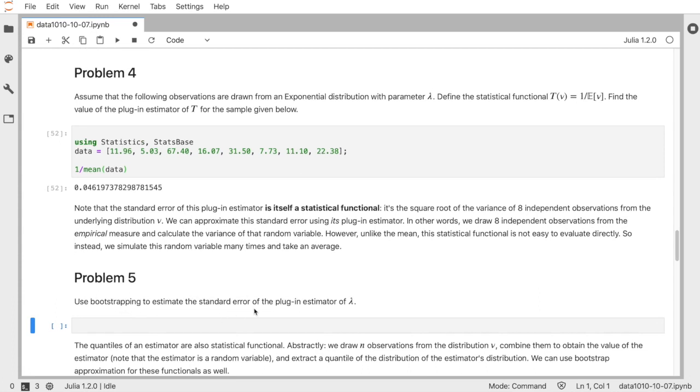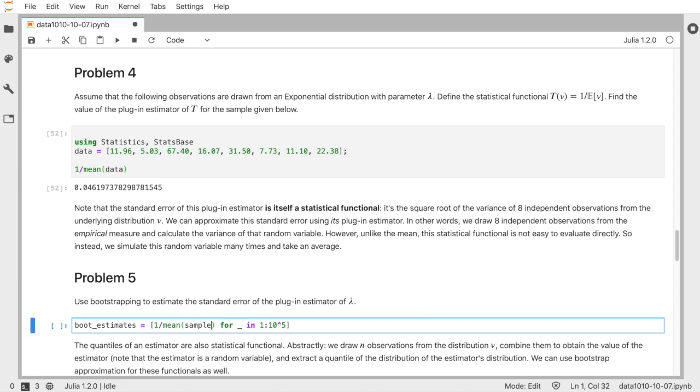So let's use bootstrapping to estimate the standard error of this plug-in estimator. We're going to compute 1 over the mean for several samples obtained by drawing from the sample that we have. So we can do that with the sample function. So we sample from data, and the number of samples we take is equal to the amount of data that we have.